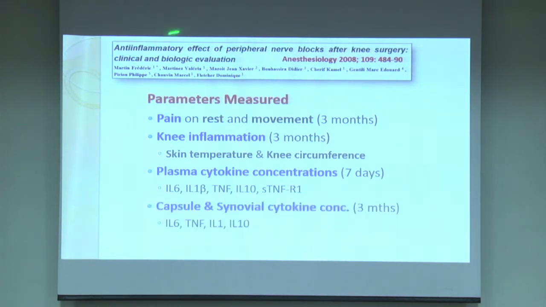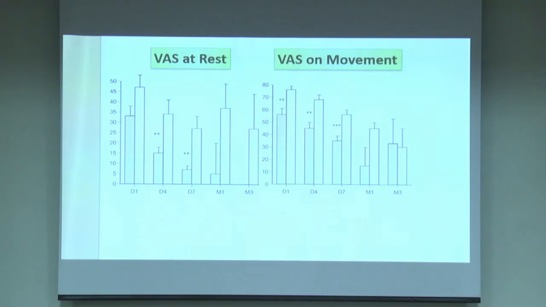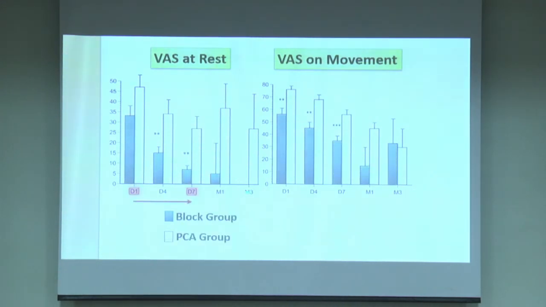So the anti-inflammatory effect of peripheral nerve blocks has been demonstrated after knee surgeries. And if you look at the VAS at rest and VAS on movement, even after the third and the fourth month, you'll find that the patients who have received a block have much better pain relief and movement than patients who have received IV PCAs.